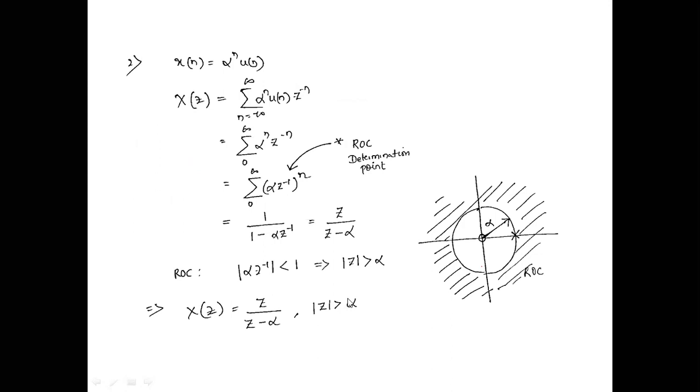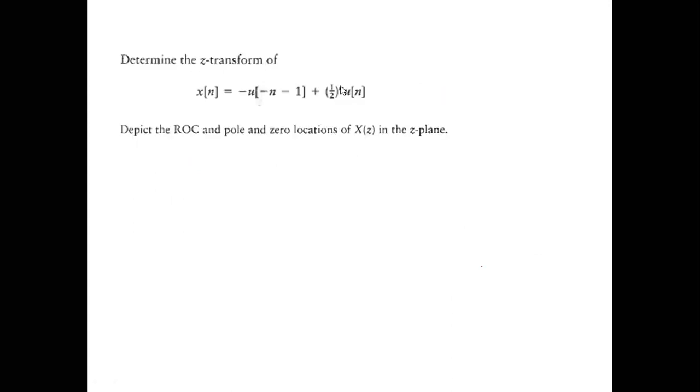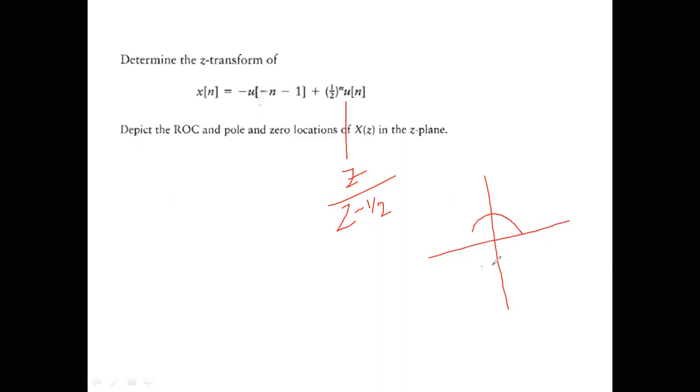Similarly here, for this particular case, I am going to get z divided by z minus 1 by 2, and my ROC is going to be magnitude z greater than 1 by 2. So it's a circle of radius 1 by 2, and the ROC is greater than 1 by 2, for the second term only.